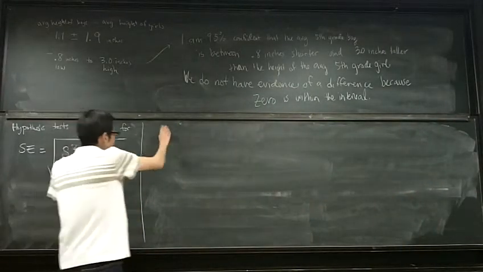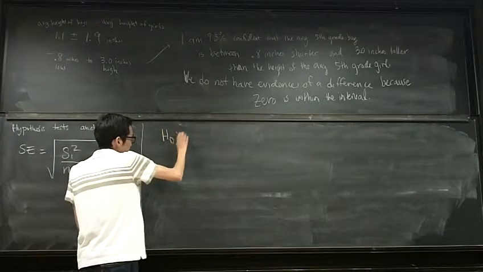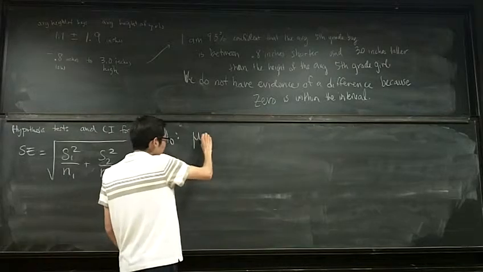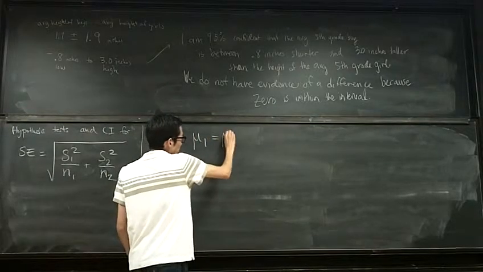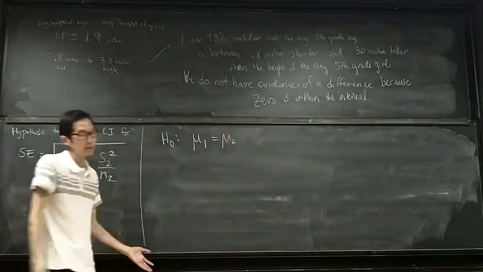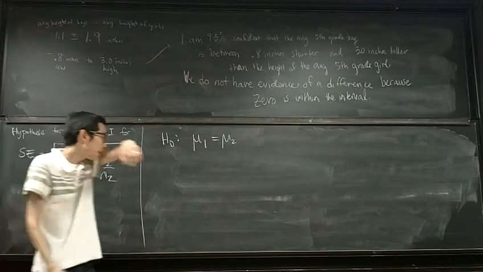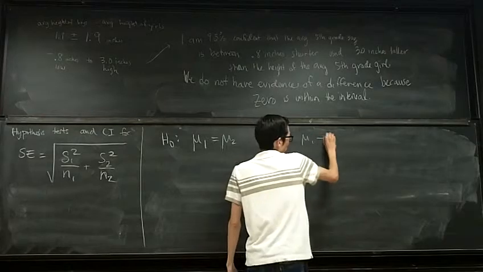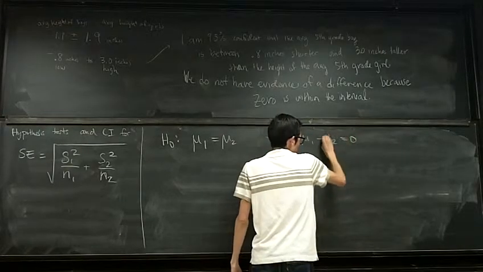All right. So here, the hypothesis test. Okay. The null hypothesis is always about mu, and it's going to be mu1 is equal to mu2. Always an equal sign shows up in the null hypothesis. Okay, or equivalently, we can write mu1 minus mu2 equals 0 also.